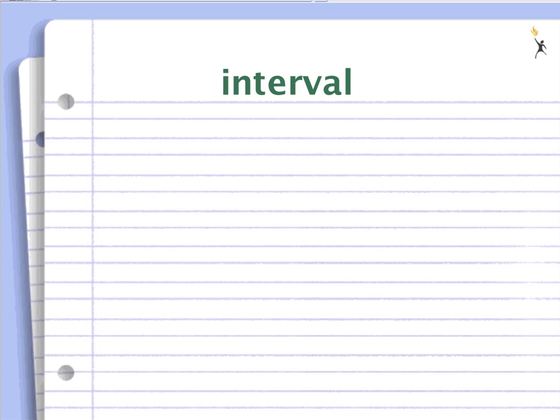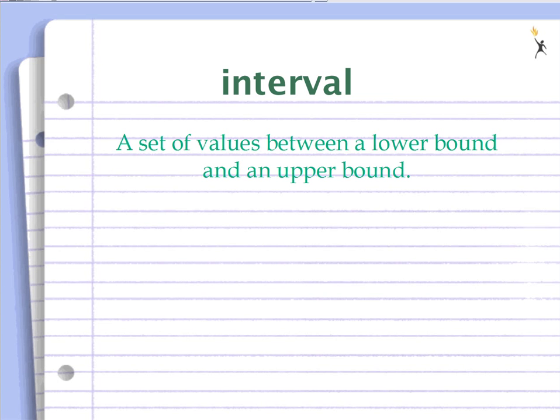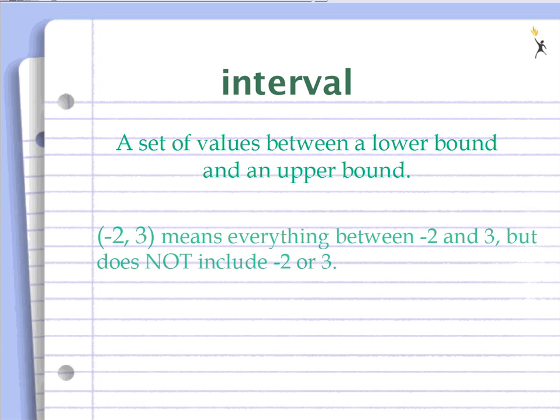Let's hurry and review what an interval is. That's going to be important. An interval is a set of values between a lower bound and an upper bound. So when you did intervals before, sometimes they would look like points. When I use the round brackets, you kind of have to use the context of the problem to know whether you're talking about a point or an interval.